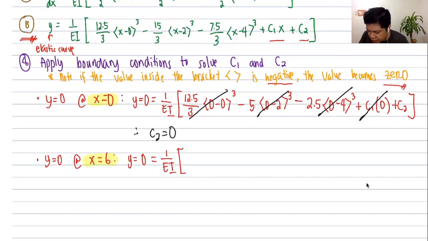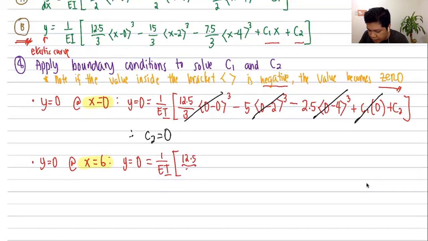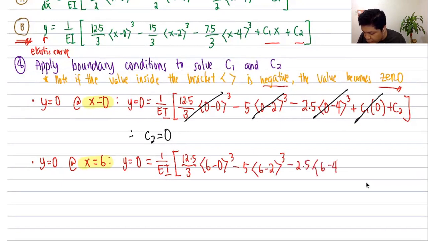Okay? So that's just 12.5 over 3 times 6 minus 0 raised to 3 minus 5, 6 minus 2 cube minus 2.5, 6 minus 4 cube plus C1 times 6 plus we have already solved that C2 is equal to 0.